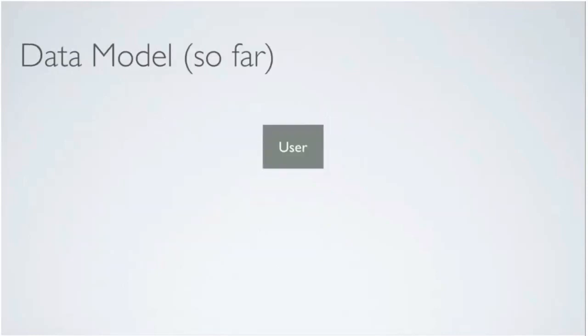So our data model so far is pretty simplistic. We've just got a user. If I was going to put it into some sort of data model, in some sort of diagram, I might start with this.